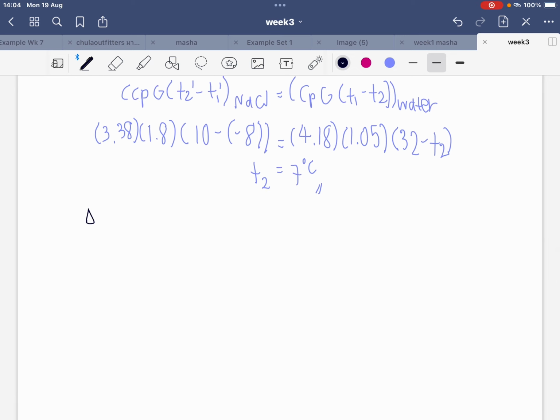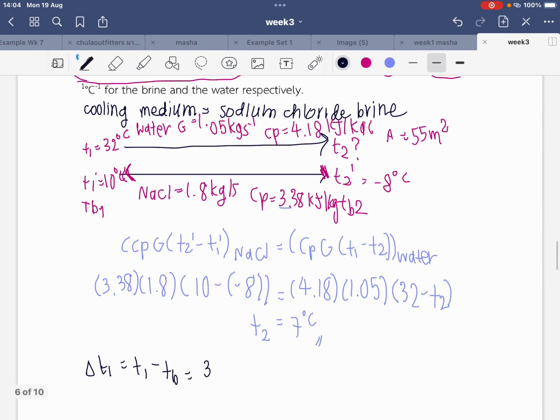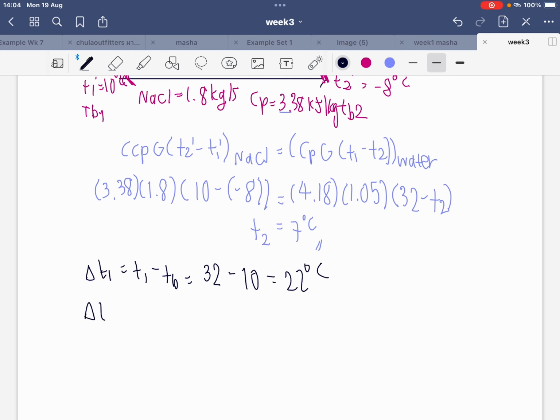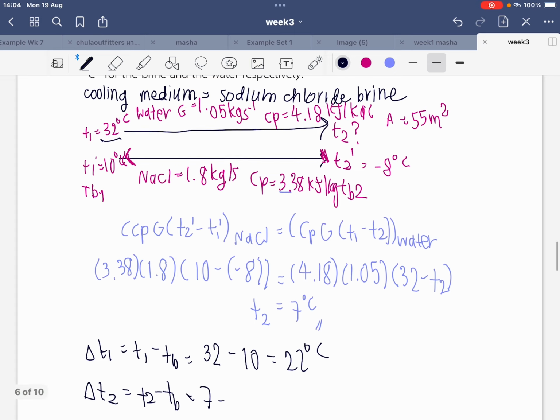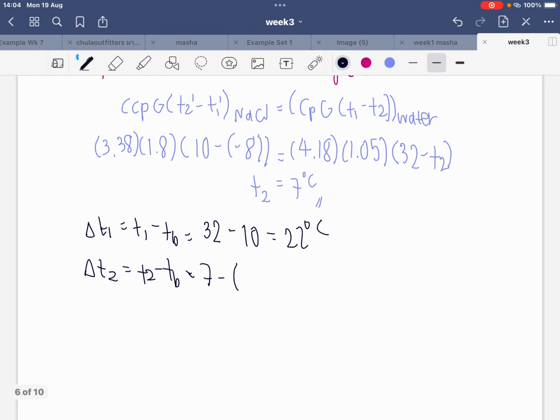Delta T1 is equal to T1 minus T, 32 minus 10, which is 22 degrees Celsius. Delta T2 is T2 minus T, 7 minus minus 8, which is 15.